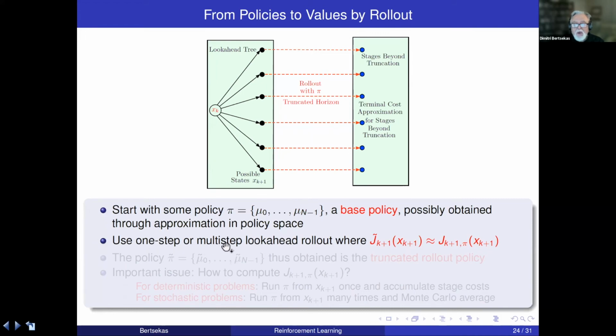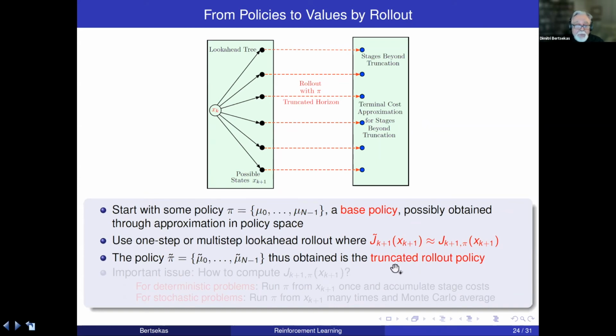And we use one-step or multi-step look-ahead approximation, where J tilde is the cost function of that policy. So the policy is the perhaps truncated rollout policy corresponding to this base policy. So you start with a base policy, and generate cost functions of the corresponding one-step or multi-step look-ahead policy.